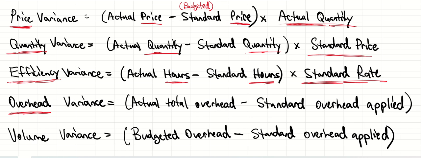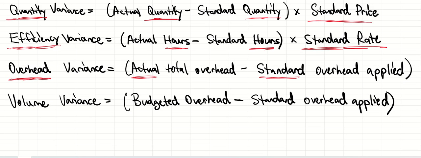So if actual total overhead is greater than standard overhead applied, that's going to be an unfavorable variance, meaning that what actually occurred is greater than what was budgeted for. And conversely, if what was budgeted for is greater than what actually occurred, then that's favorable. But you want to look into it further if the variance is significant to the company.